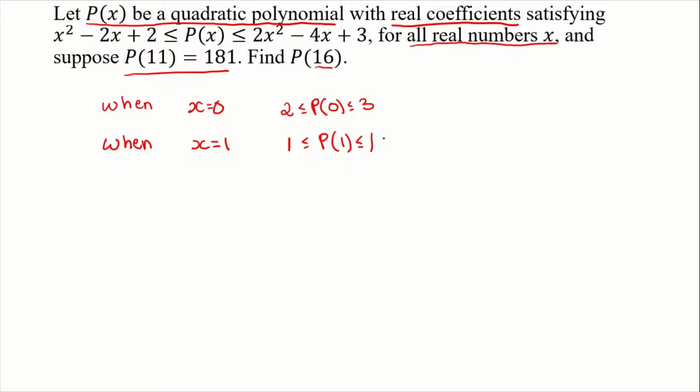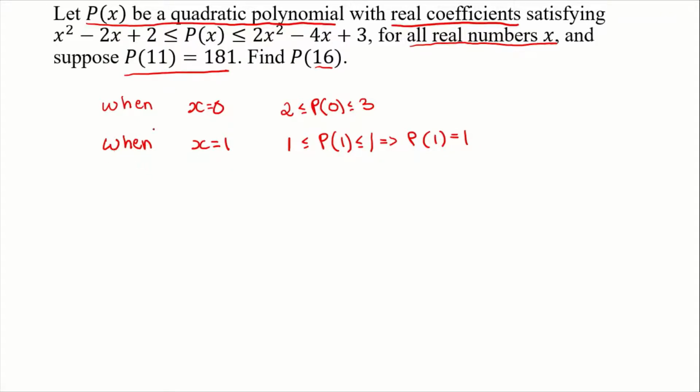So this implies that p of 1 equals 1. And that's because 1 is less than or equal to p of 1 is less than or equal to 1. How else can you have it? If p of 1 is greater than 1, then it's not less than or equal to 1. And if it's less than 1, then it's not greater than or equal to 1. So it's got to be 1.